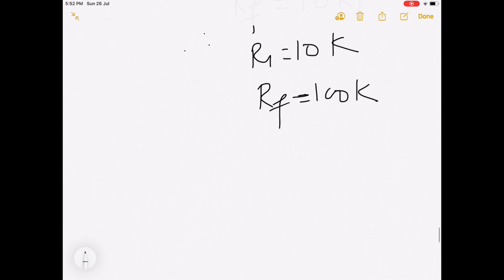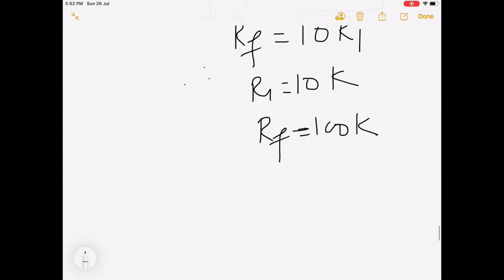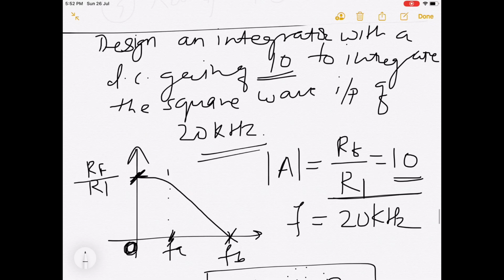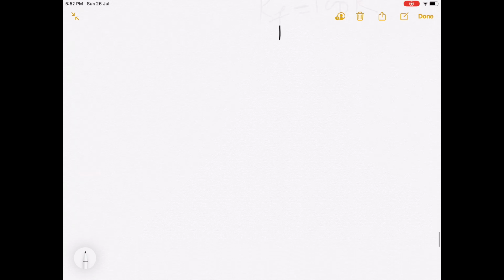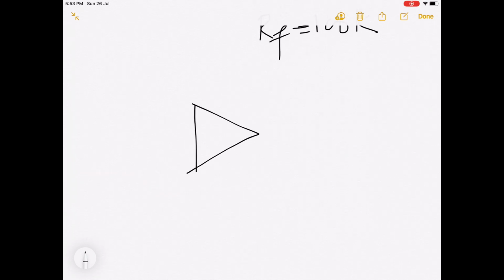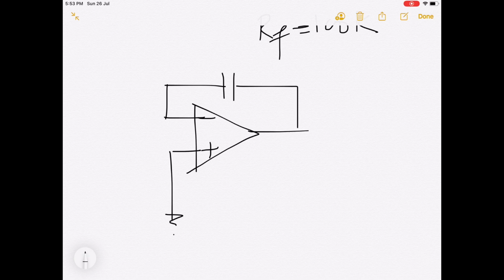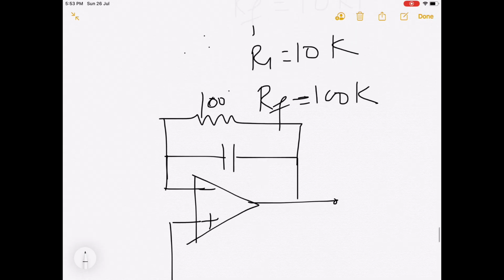So, for this you should know the circuit diagram. After this you have to actually draw the circuit diagram of the practical integrator. So, what does a practical integrator contain? Again we are doing revision of this. There is one capacitor in the feedback, okay. Then there is one feedback resistor RF, which we have calculated as 100K.